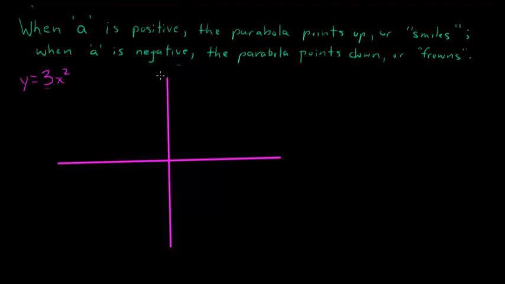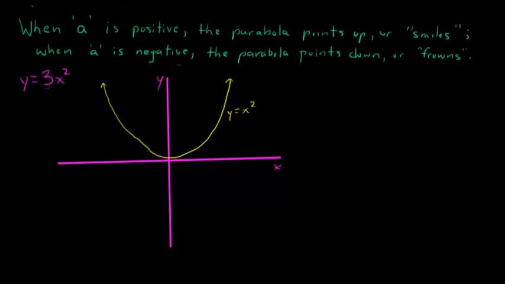Okay, so here's y and x. Now if this nice parabola is y equals x squared, which is our standard parabola we always start with, what does 3x squared, oh, I shouldn't be asking 3x squared.